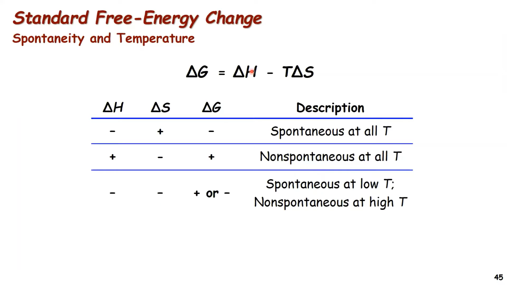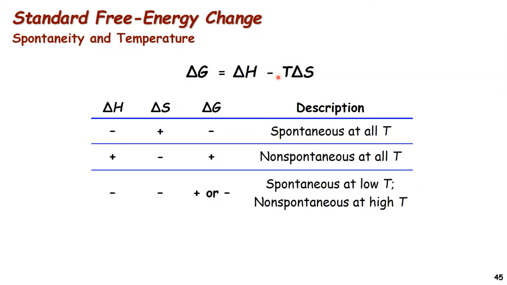But what if we have an exothermic reaction, so this is negative, and we have a loss in entropy, so this is negative. Well, now I have a negative term, but I also have a negative and negative, which is positive. So this term is negative, this term is positive. If this term dominates, then del G will be negative, and the reaction will be spontaneous at low temperatures.